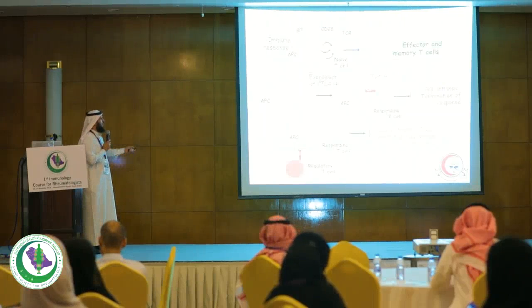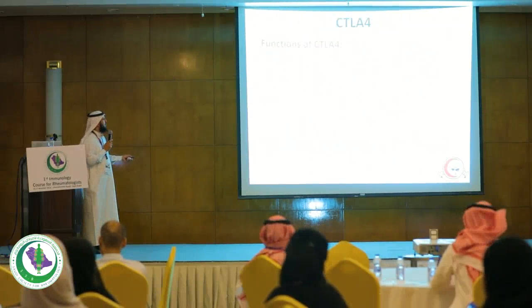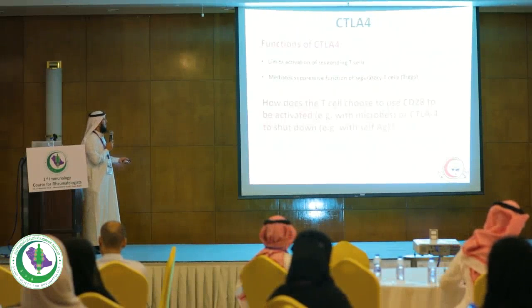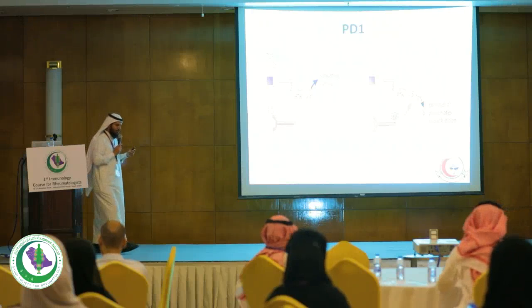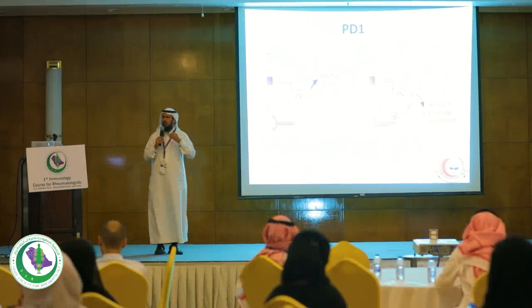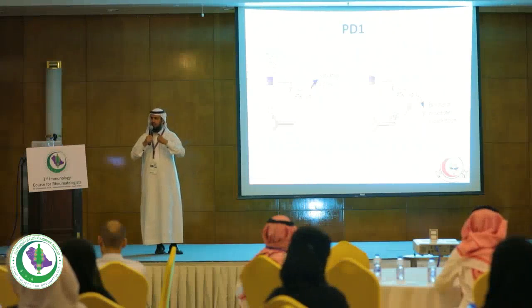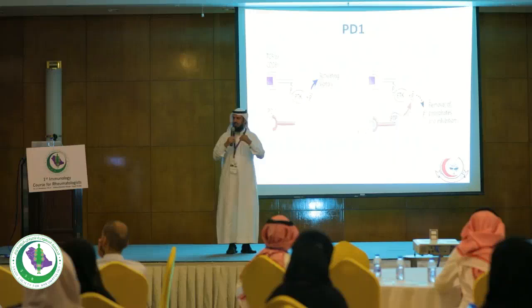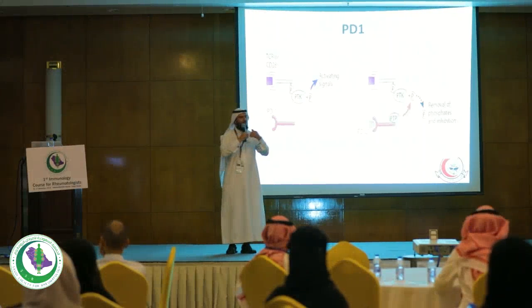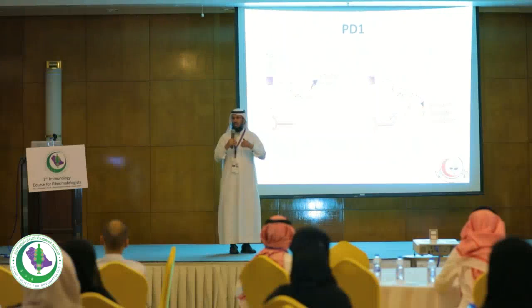And then we talk about how CTLA4 is working, and how important it is. CTLA4 is important for infections, and if there are no infections, CTLA4 is important for inhibition.